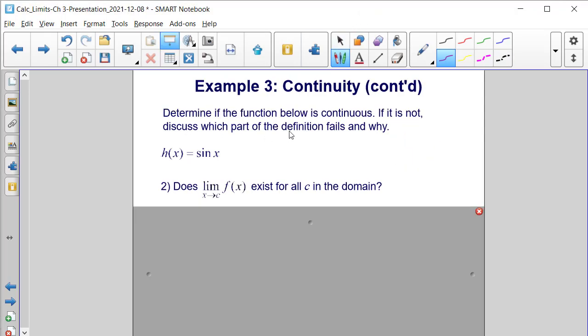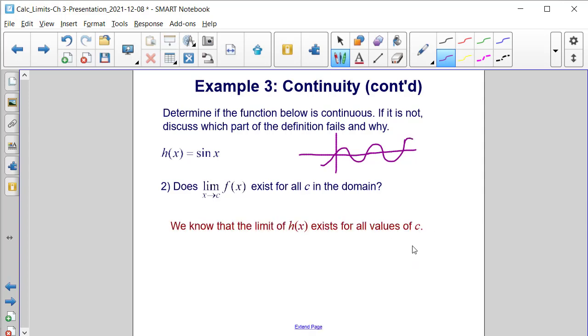Now the second question that we have to answer is, does the limit of f of x as x approaches c exist for all c values in the domain? Well, again, because we have sine of x, which is just a continuous oscillation wave, the answer here is yes, it does exist for all c values in the domain.